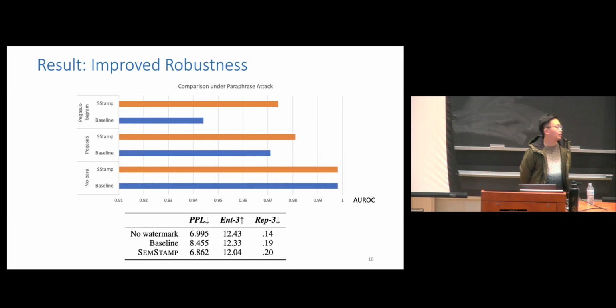And down below, there's a small table for the quality of generation. We can see that the baseline algorithm actually increased the perplexity by some margin, while our SemStamp keeps the perplexity about the same.